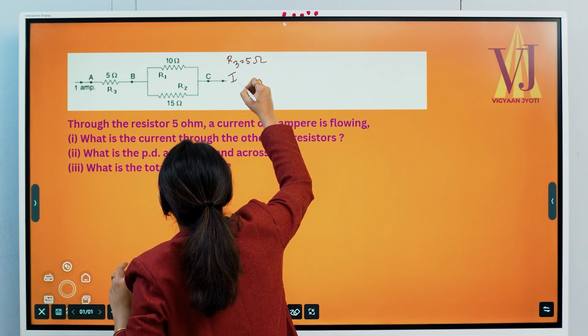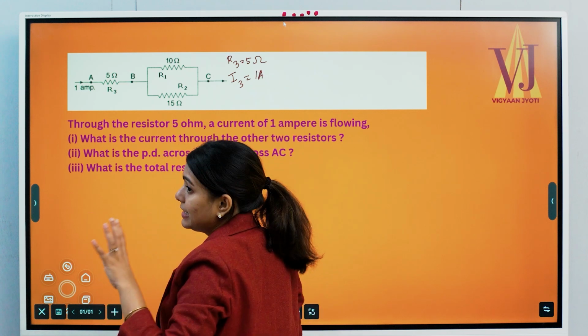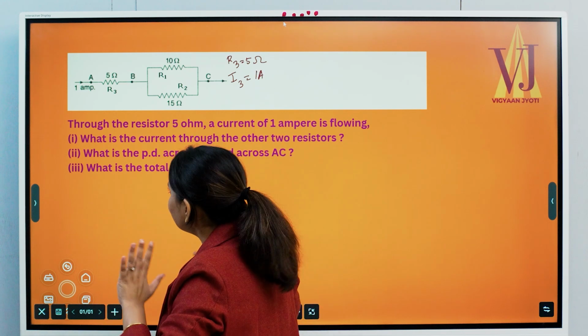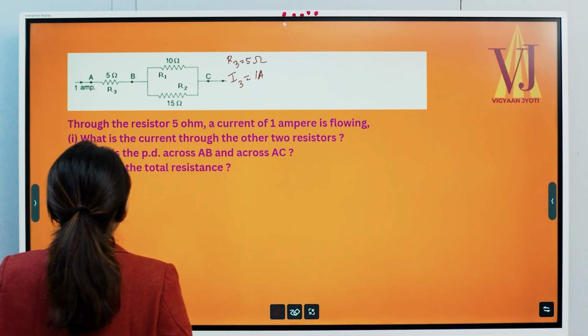So here we can say that I3 is 1 ampere. We know in series it's the same, but since it's not connected yet and ending, just for the time being, let me write I3 equals 1 ampere.